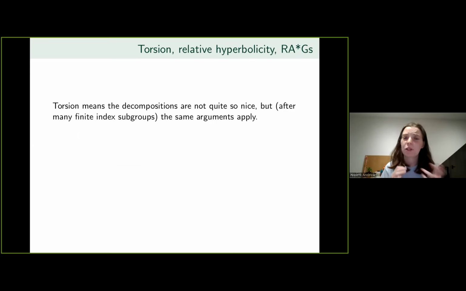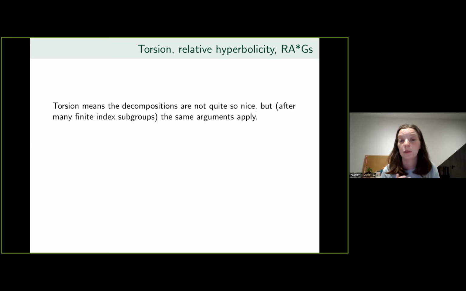I want to say a couple of words at the end about the other bits of the theorem that I didn't say anything about yet. Torsion, relative hyperbolicity, right-angled Artin or Coxeter groups. If you allow torsion, but you still said residually finite, then the decompositions you see aren't quite as nice, but you can get yourself out of trouble by applying a few more finite index subgroups.